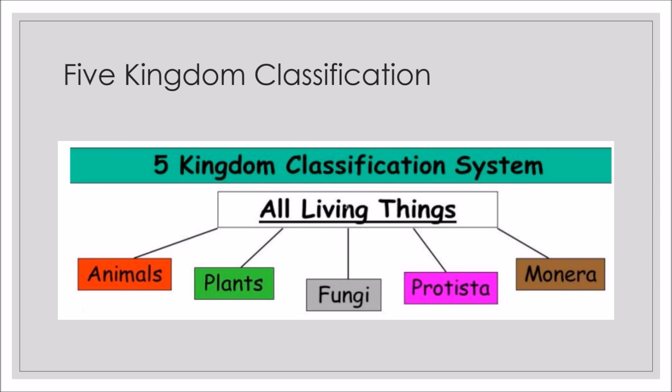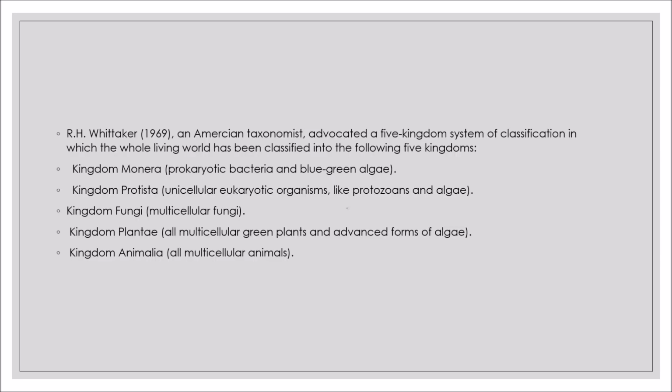If you have any doubts, just rewind and see that flow chart again, and then move on to the five kingdom classification. Now, let us see about this five kingdom classification in detail.